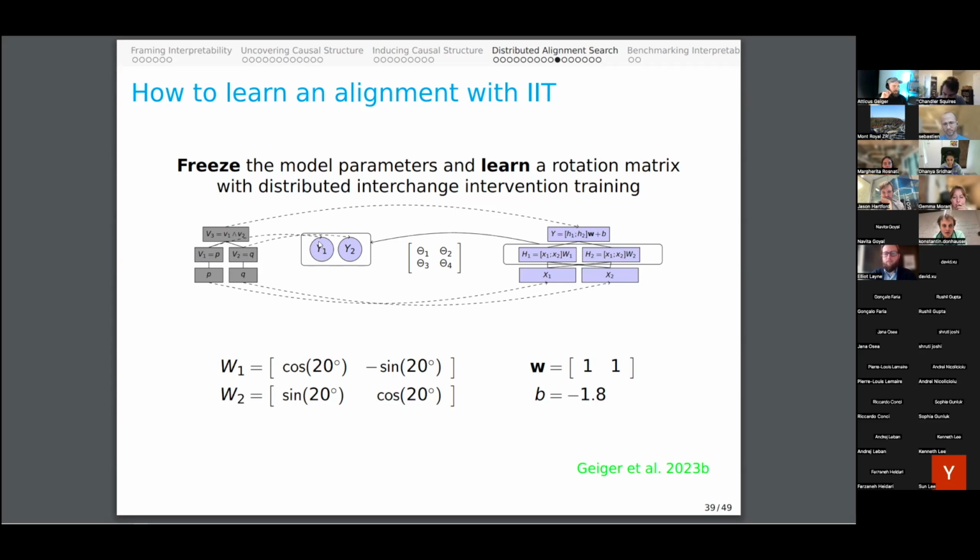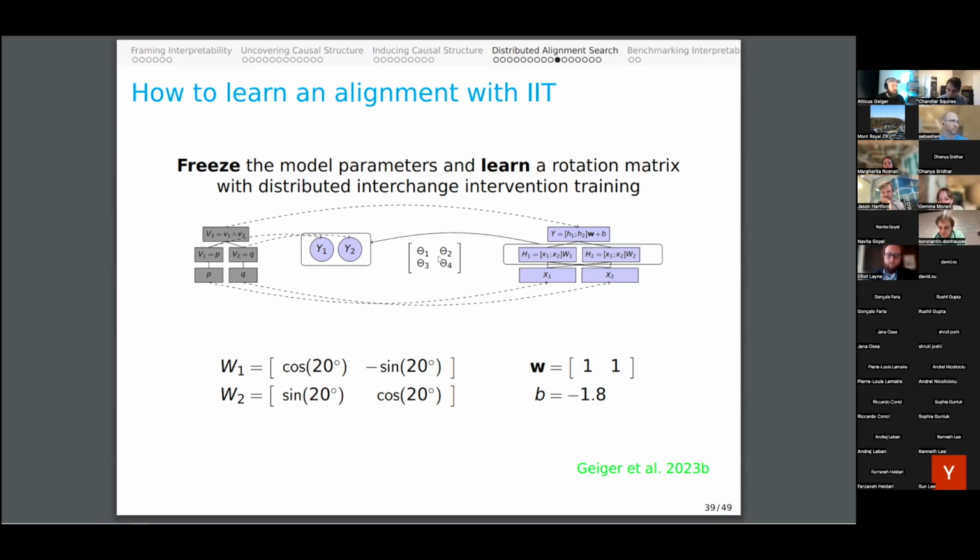Treating it like that originally, with a randomly initialized rotation matrix, will be wrong. You will get incorrect counterfactuals from the high and low level. But when you run the counterfactuals at the high and low level, you can use the high-level output as a source of supervision, saying, update the rotation matrix so that the intervention I did is closer to having the outcome I wanted according to my hypothesis.